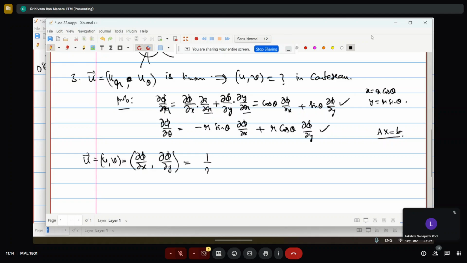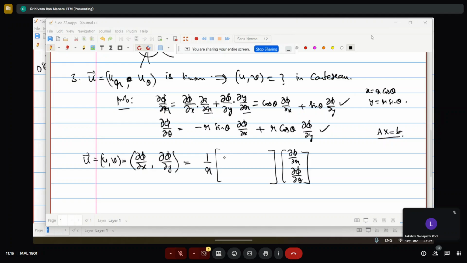So that is going to be 1 by the determinant. The determinant will be r for that matrix. And I'm writing the inverse directly: the inverse times ∂φ/∂r and ∂φ/∂θ. So what are the matrices involved? Once you invert it, you just do that calculation.